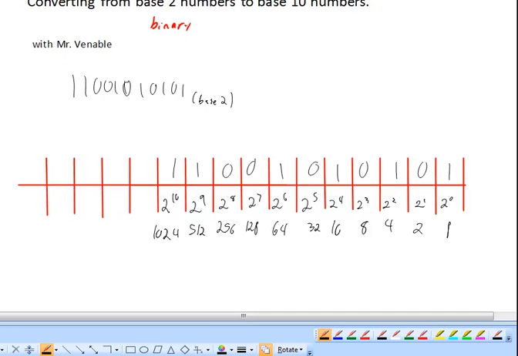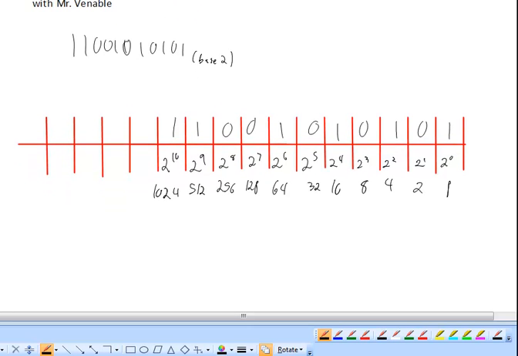So this number, just like we'd have expanded form for numbers, is actually worth 1024, because the 1 is in the 1024's place. Then we have 512, which is 2 to the 9th. Plus 0 times 256, which is just 0, because there's a 0 in the 256 place. There's a 0 in the 128's place, so 0 times 128.